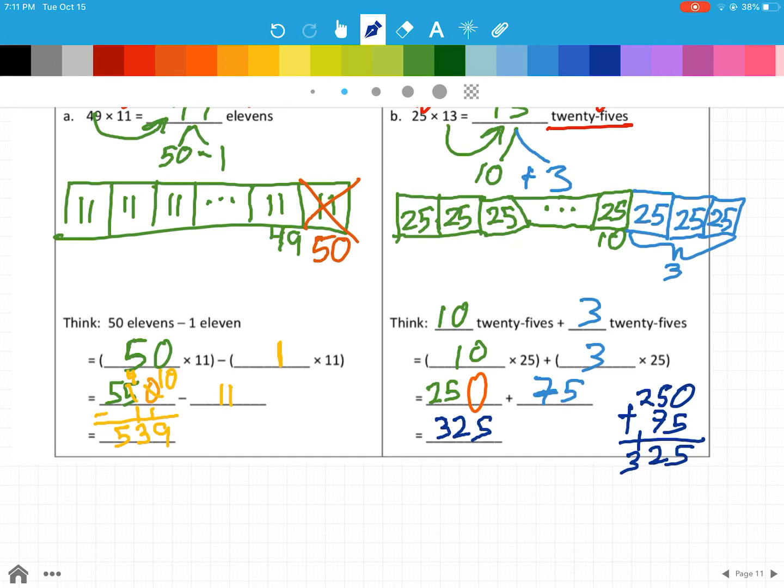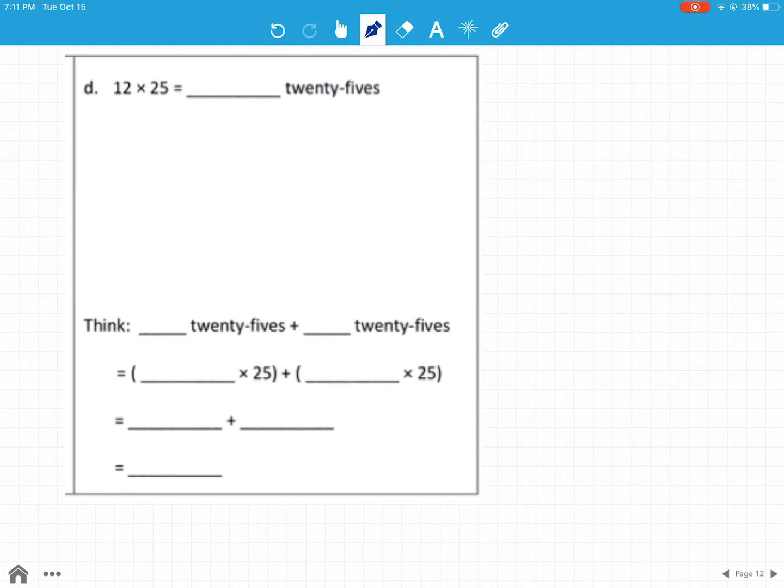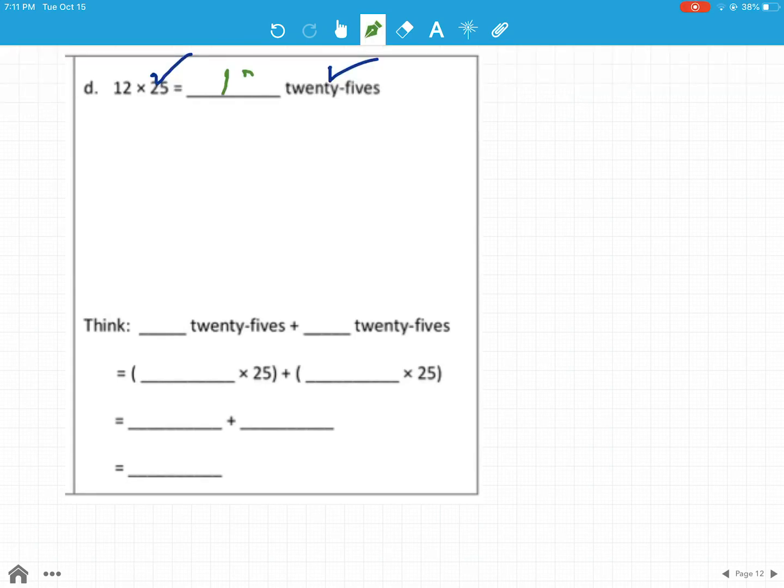Okay, we'll go ahead and do another 2 examples. This one says 25, so that means we have to put the 12 here. It's similar to the one that we just did. Instead of 13, it has 12. So we're going to break this apart into 10 plus 2.